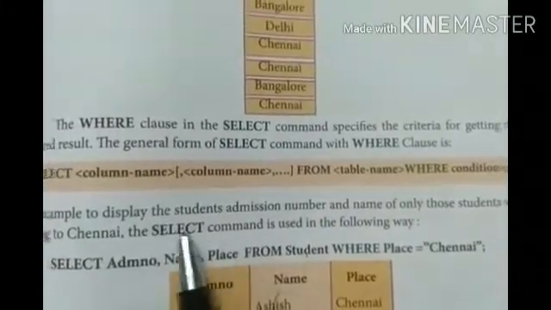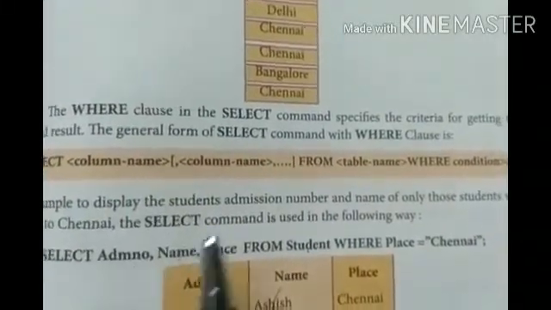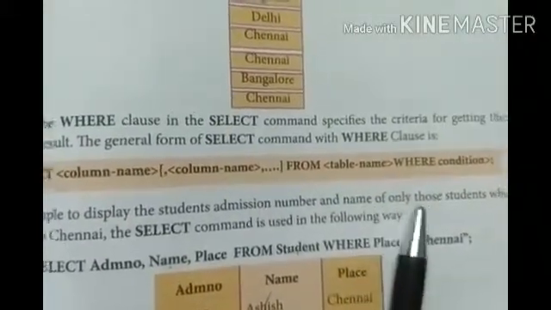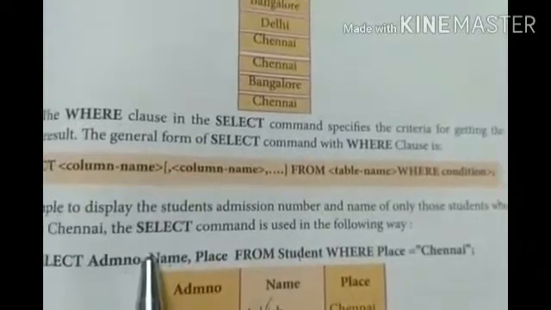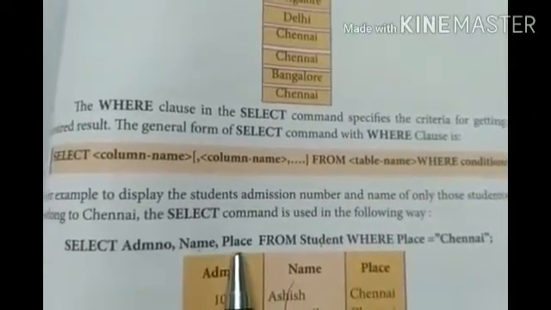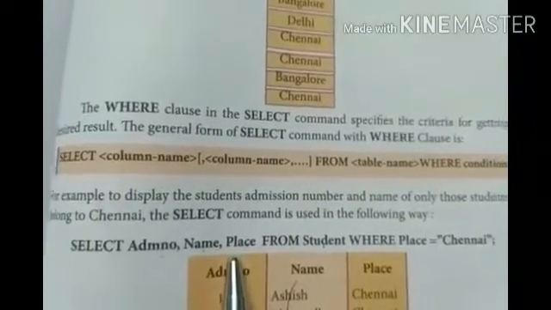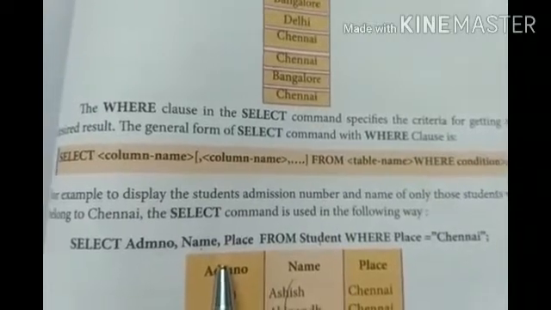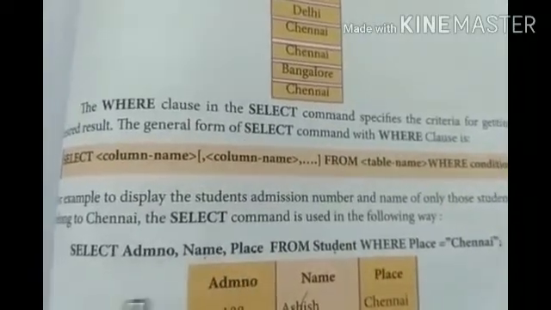What are the fields you want to display? Admission number, name, and place. The condition is where the place column is equal to the value Chennai.